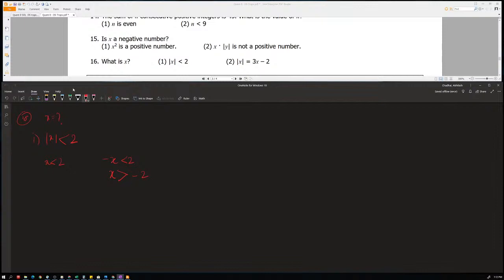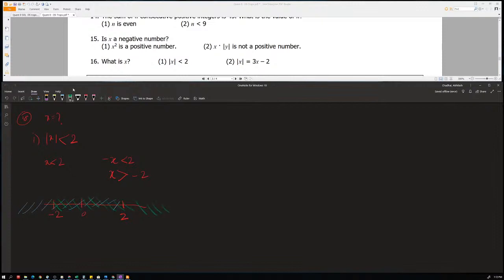So if we have a number line and we have 0 here and minus 2 and 2 here, the first condition says x is less than 2, which covers this particular area, and the other one says that x is greater than minus 2, which covers this particular area.